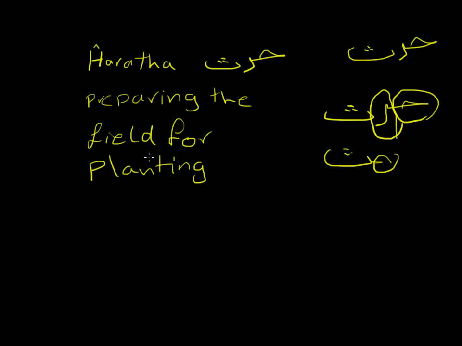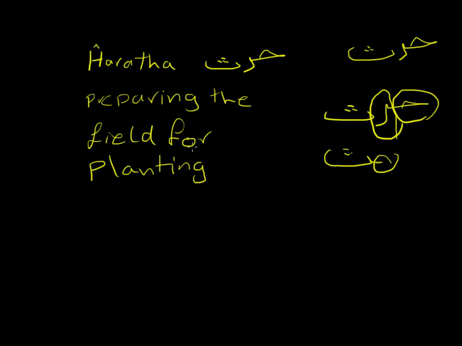But it did not plant. The person did not plant anything yet. If he plants, it becomes a different word at that point. So for every action there's a verb for it in Arabic.